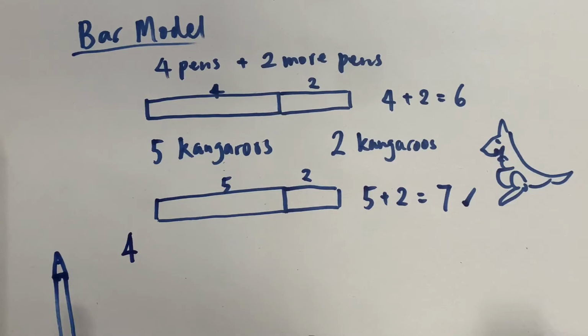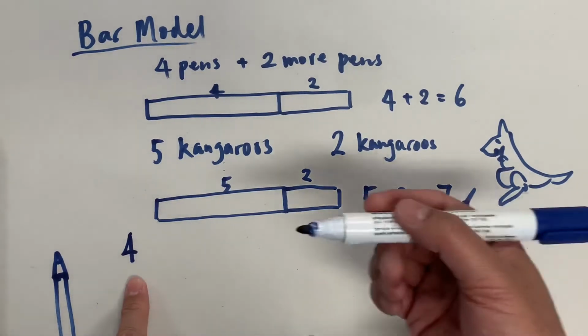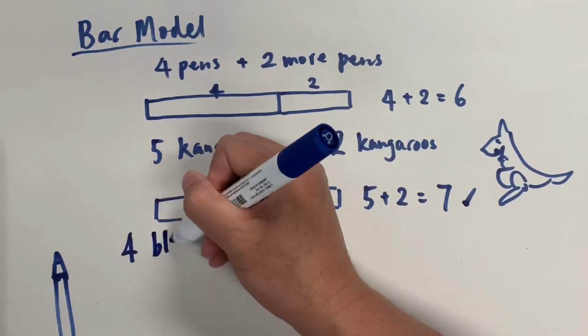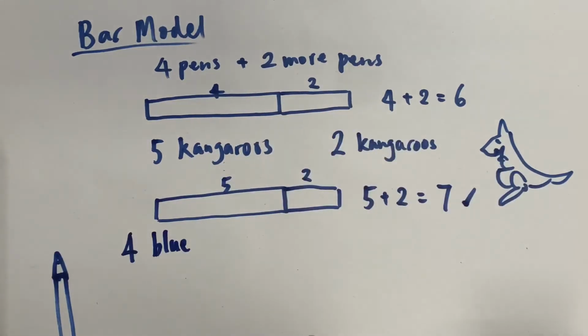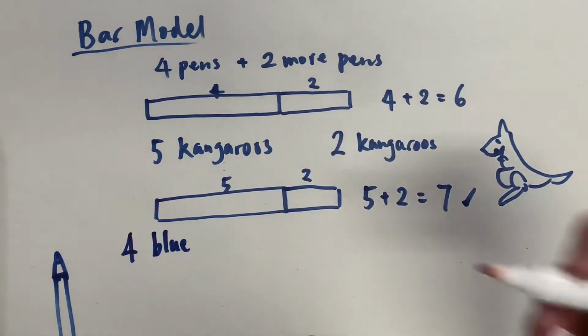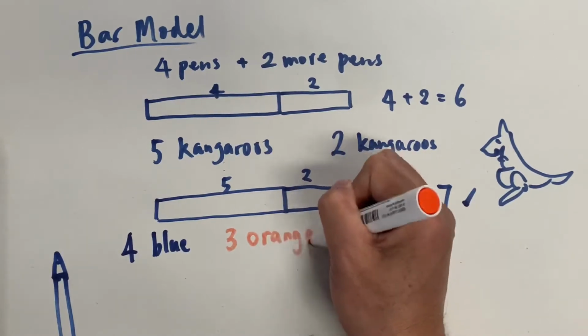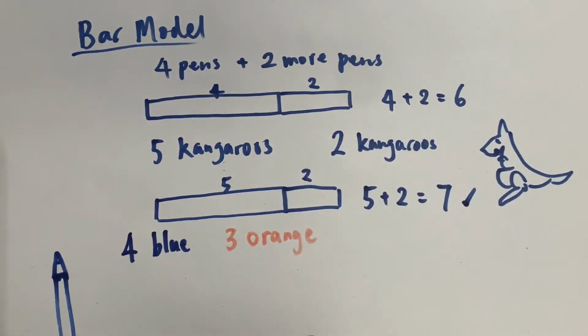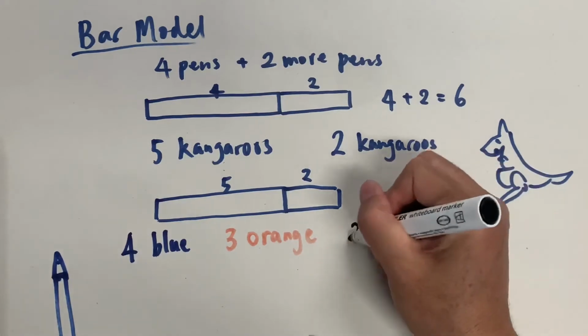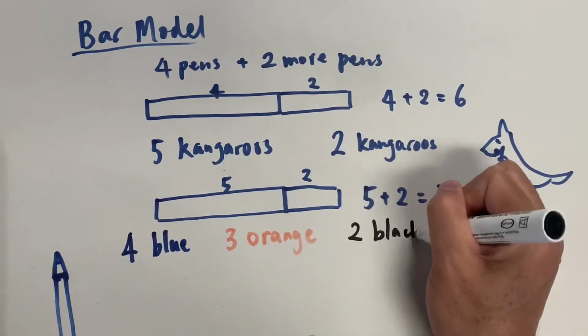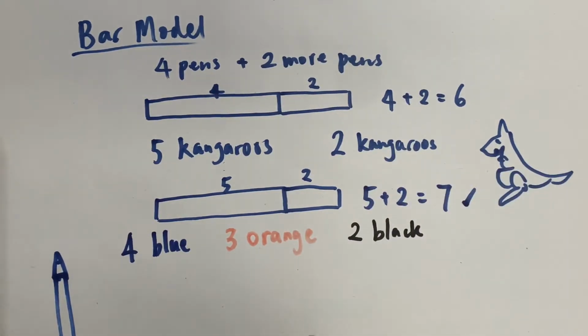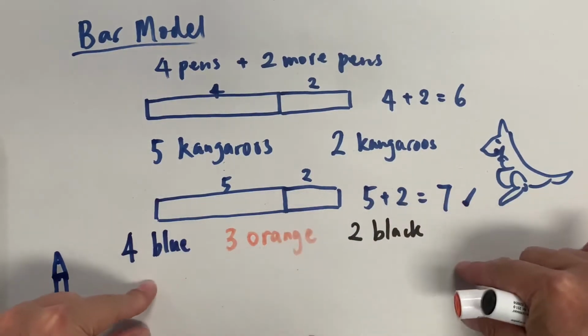How about I have 4 blue pencils. I have 3 orange pencils. Then I have 2 black pencils. How many pencils do I have altogether? Let's quickly draw a bar model right here.